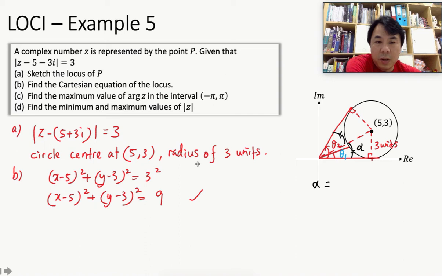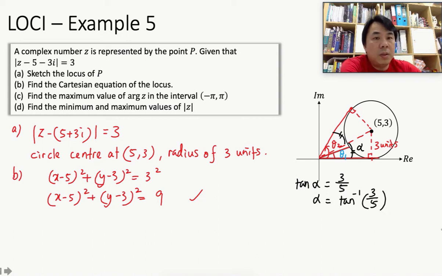I can actually use tangent alpha in this case, because I have the horizontal length, which is 5 units, and the vertical length is 3 units. So that is equal to 3/5 here. Therefore, I should be able to obtain my alpha to be arctangent, or tangent inverse, 3/5 here.